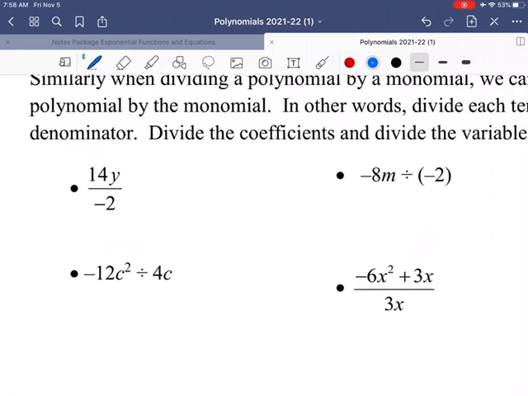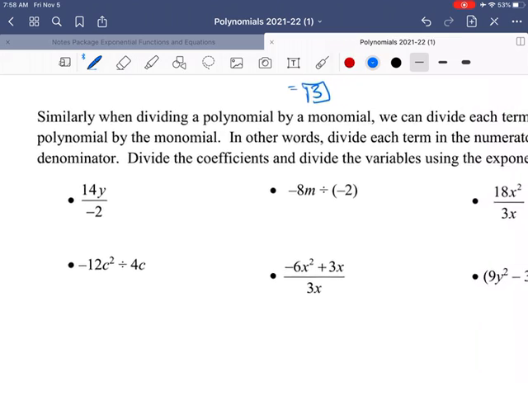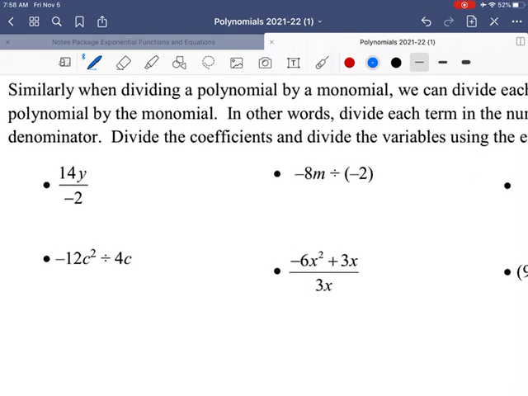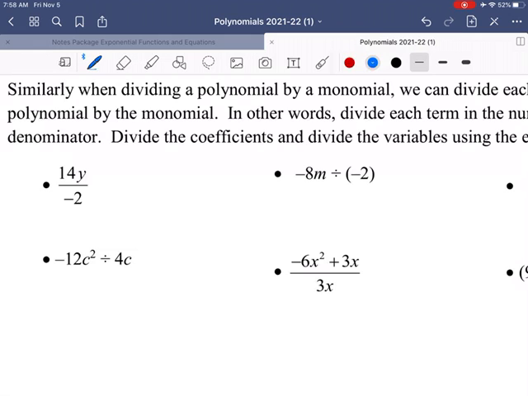Similarly, when dividing a polynomial by a monomial, we can divide each term of the polynomial by the monomial. In other words, divide each term in the numerator by the denominator. So this first one, we only have one term, so it's going to be negative 14y divided by negative 2. Well, there's no variable to simplify, so we're simply simplifying the numbers there, the coefficient of 14 and the denominator of negative 2.